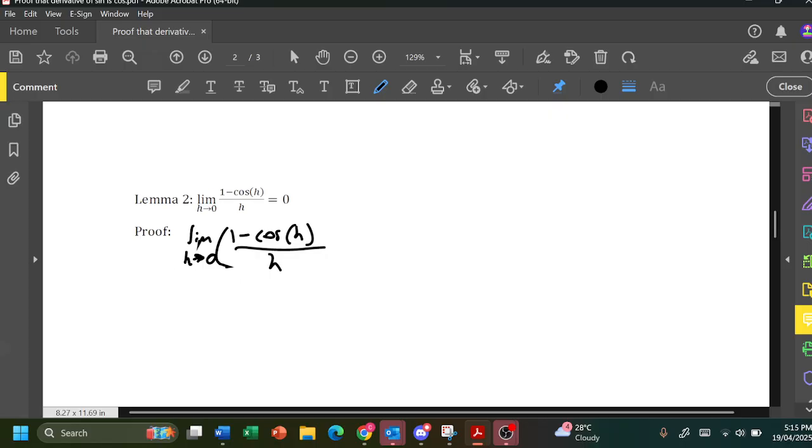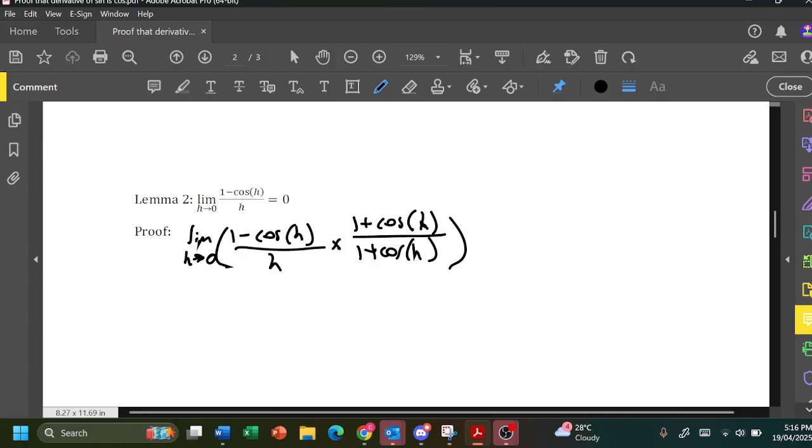Now, what we can do with a fraction like this, as we know about fractions, is multiply the numerator and the denominator by the same number in order to maintain equality. So, for example, if I multiply the top of this fraction by 1 plus cosine of h, and I multiply the bottom by 1 plus cosine of h, the fraction should stay the same.